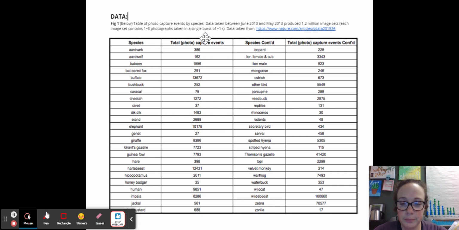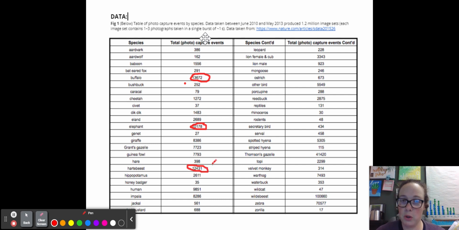Well, if we look at these species, we have our buffalo, we have elephant, which has a population over 10,000. We have hartebeest, which is a very long-nosed, hooved animal.